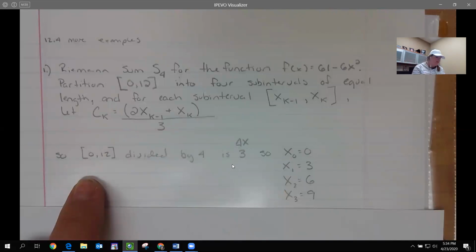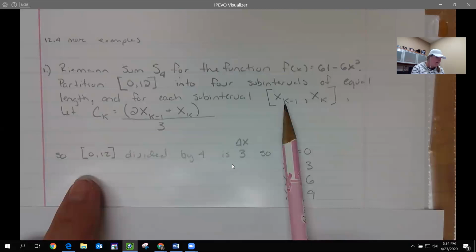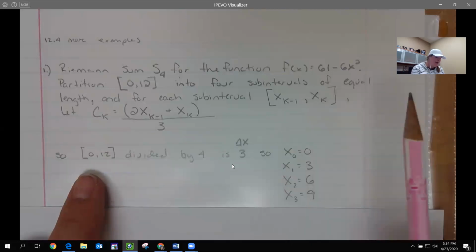Okay? So x sub 1, our starting spot, is 0. It's a little bit weird, but x sub 1 is at 0. Why? Because it starts at 0.